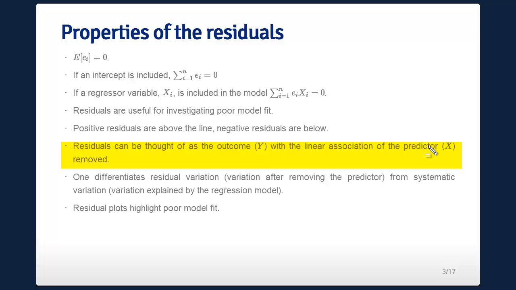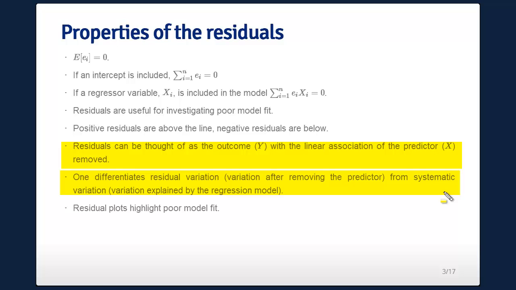Often when we talk about regression models, what we're differentiating between is residual variation, which is variation that's left after removing the predictor, and systematic variation, which is the variation that's explained by the regression model. So if there's a perfect relationship between the y's and the x's, then there is no residual variation.